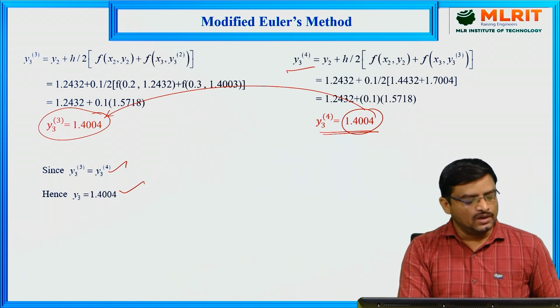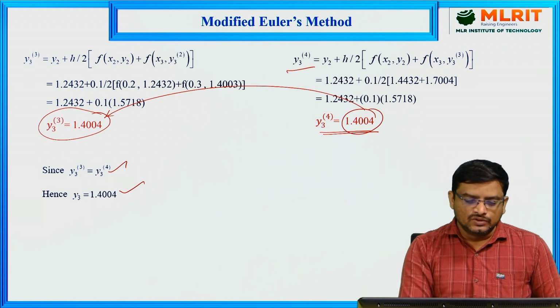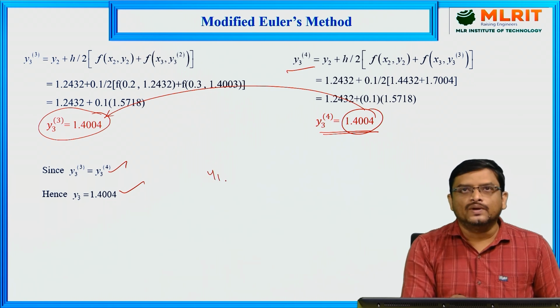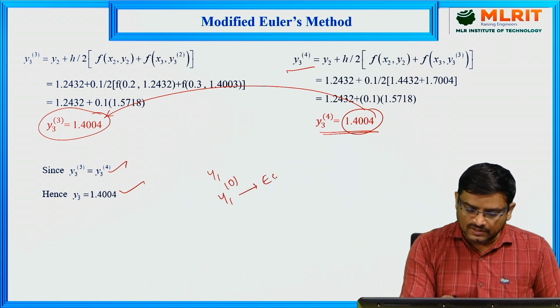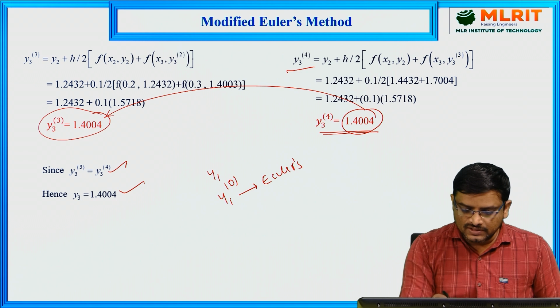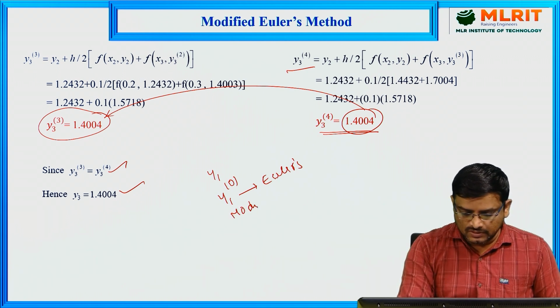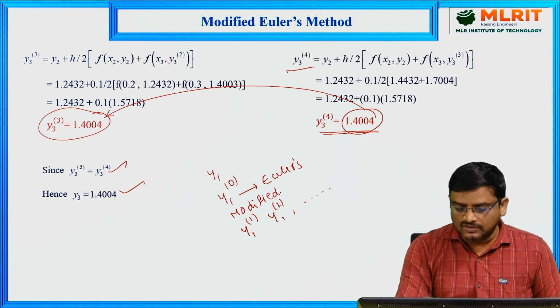This is the way we can find the y3 value using modified Euler's method. Once again, I'll repeat the procedure. If you want to find the y1 value using modified Euler's method, first we have to find the initial approximation of y1 using Euler's method. Using this initial approximation, use modified Euler's method to find the first approximation of y1, the second approximation, the third approximation, and so on.